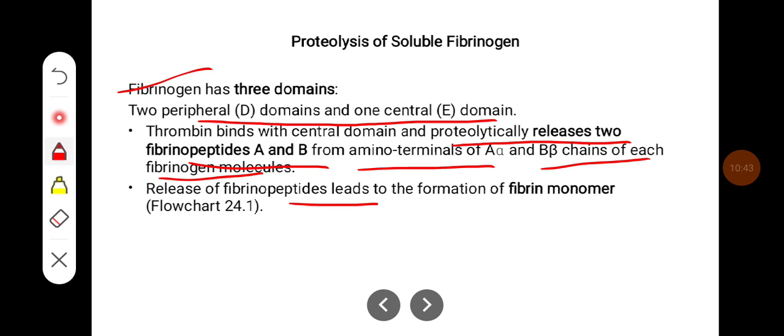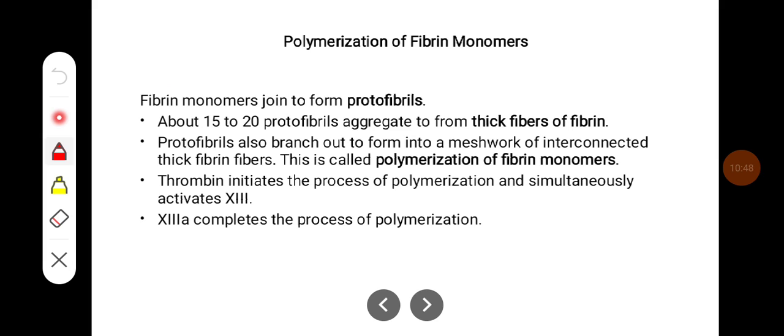Release of fibrinopeptide leads to formation of fibrin monomer. Fibrin monomers join to form protofibrils. About 15 to 20 protofibrils aggregate to form thick fibers of fibrin. Protofibrils also branch out to form a meshwork of interconnected thick fibrin fibers. So this is called polymerization of fibrin monomers.